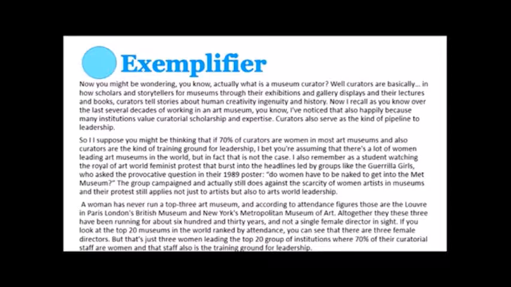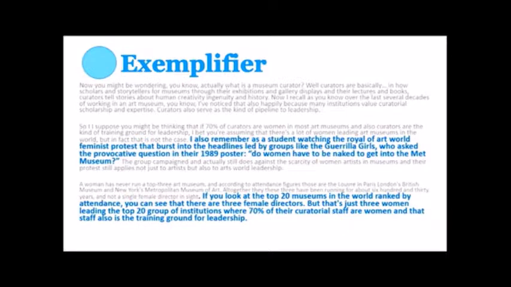Exemplifier. What's the exemplifier going to focus on here? The examples, there's a couple of them. First of all, it's a little bit of an anecdotal reference because she's talking about her own memory, but she is referring to something that happened.